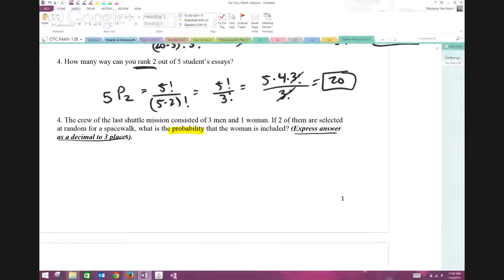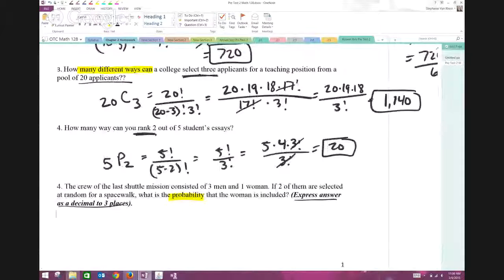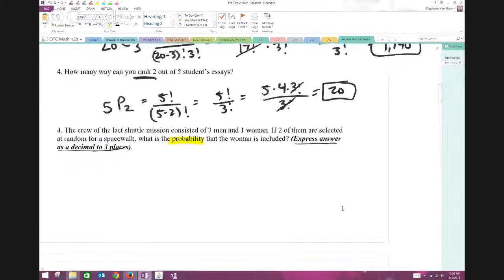So similar to the one we did above, number 3, number 4 is listed twice, but so we have a shuttle mission consisting of 3 men and 1 woman. 2 of them are selected at random for a spacewalk. What's the probability that a woman is included?